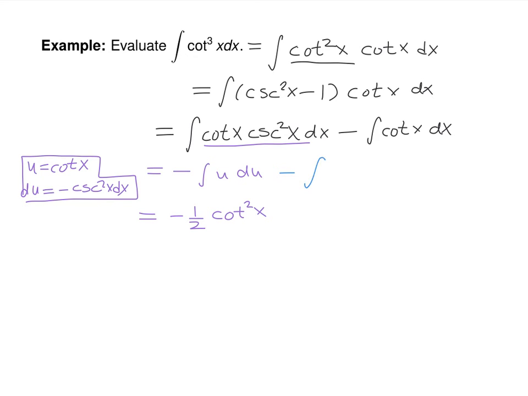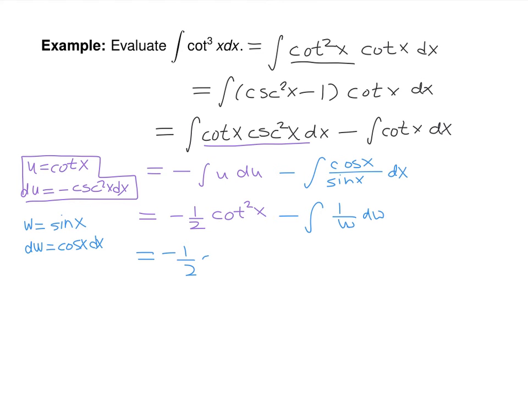Think about cotangent as cosine over sine. And I've already used u, so let's use w, and make a substitution for sine. And the derivative of sine is cosine. Lovely. This becomes minus the integral of 1 over w dw.